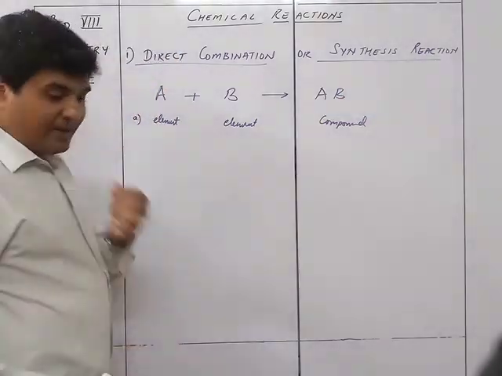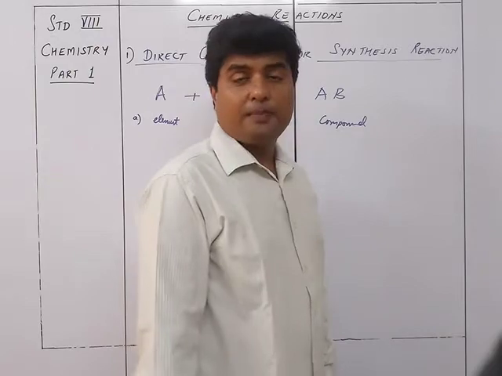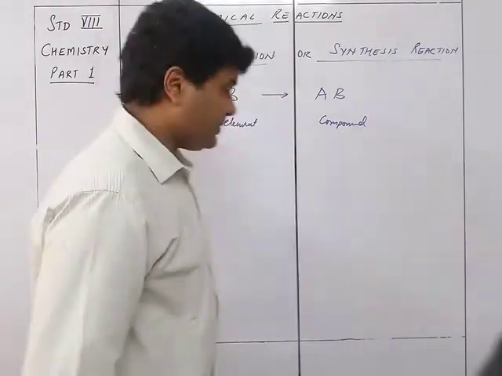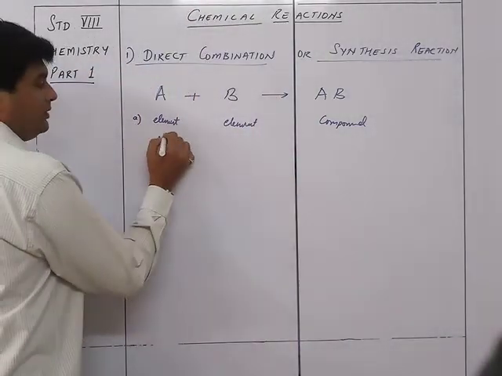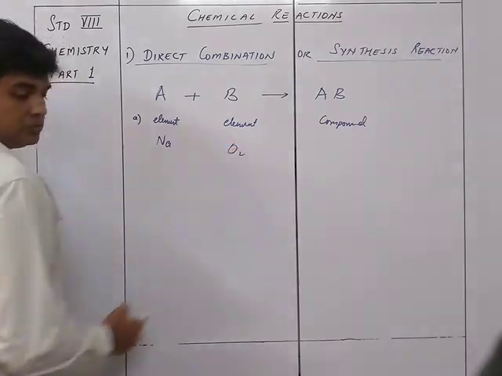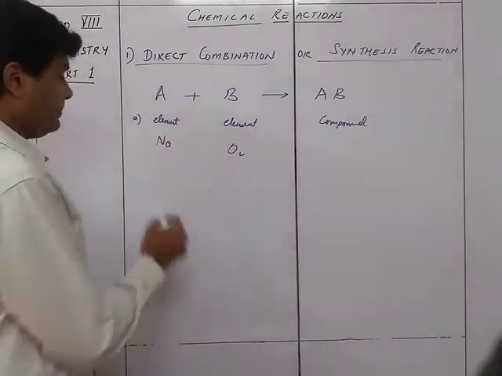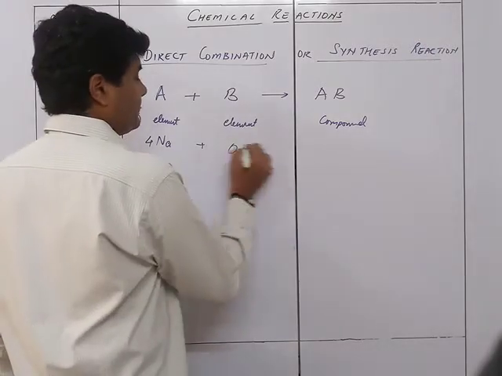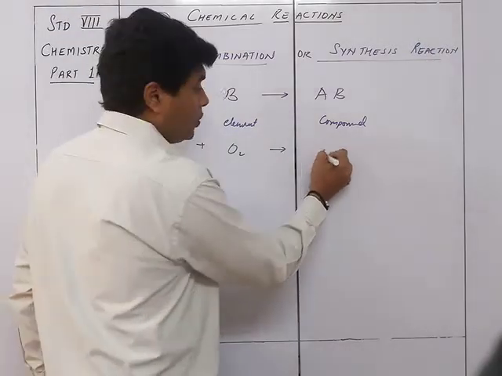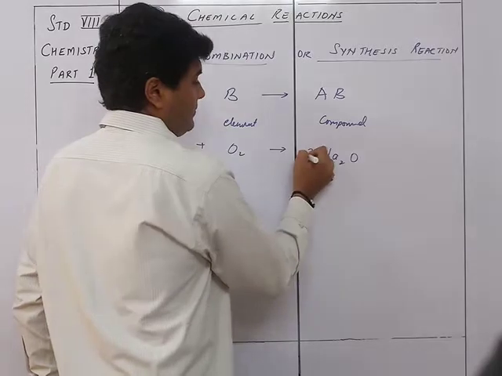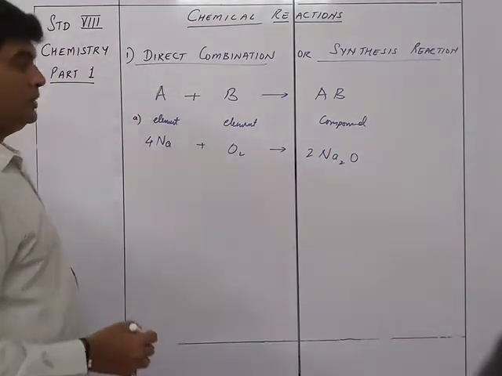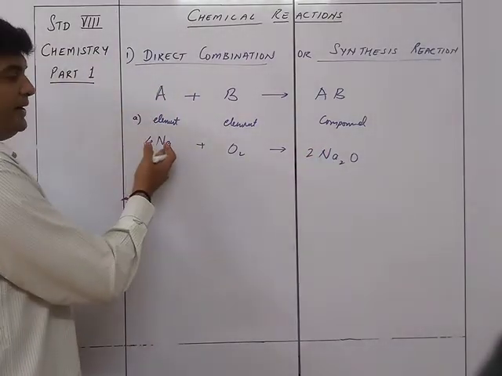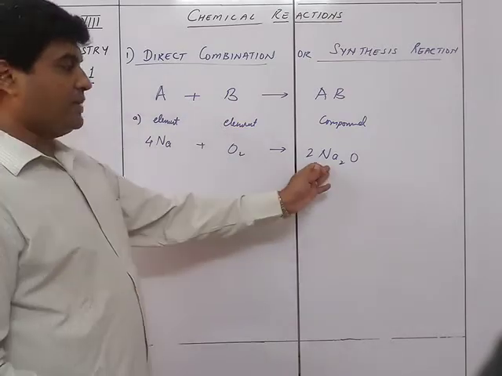For example, this could be Na, this is O2, so sodium plus oxygen is going to give you Na2O. So an element plus another element giving you a compound.